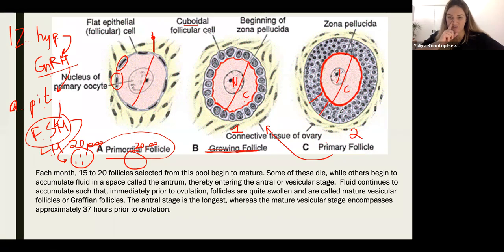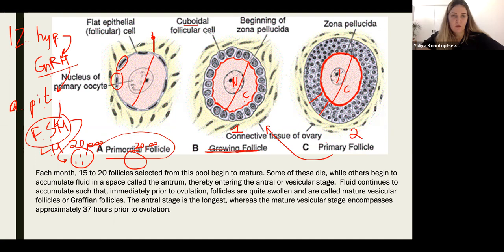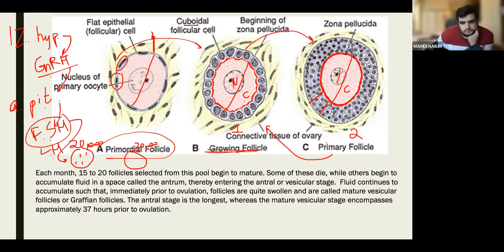What is the major difference between them? The flat follicular cells of the primordial follicle grow to become cuboidal. They grow even more to become stratified cuboidal follicular cells.